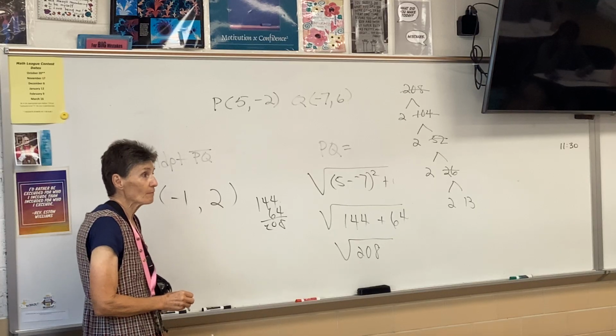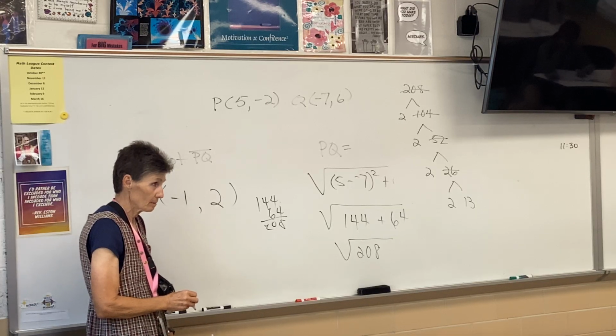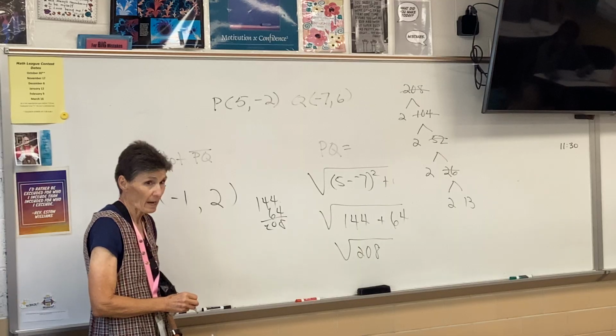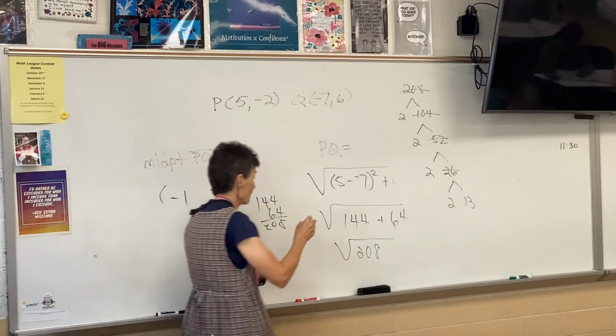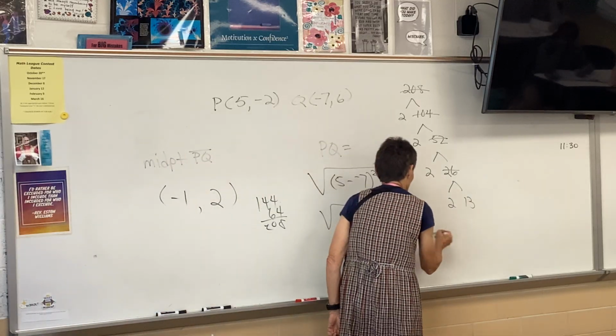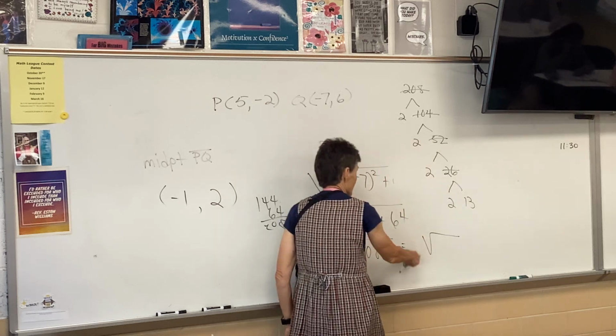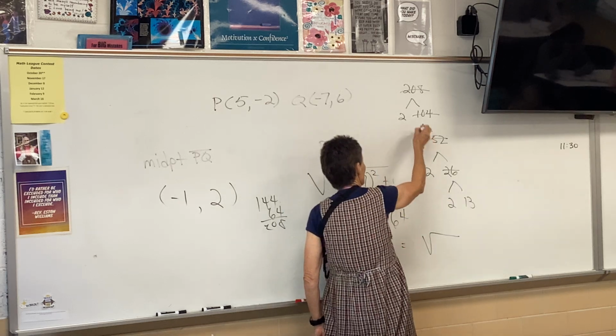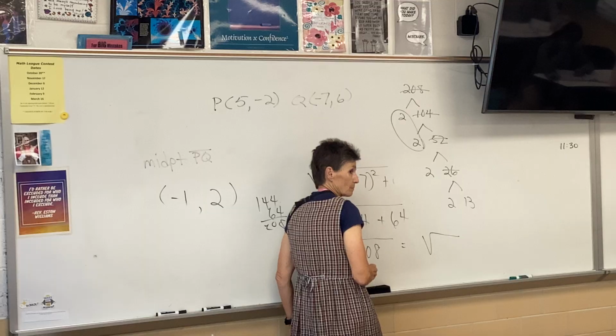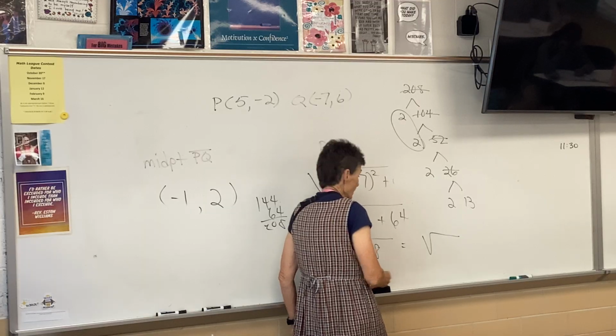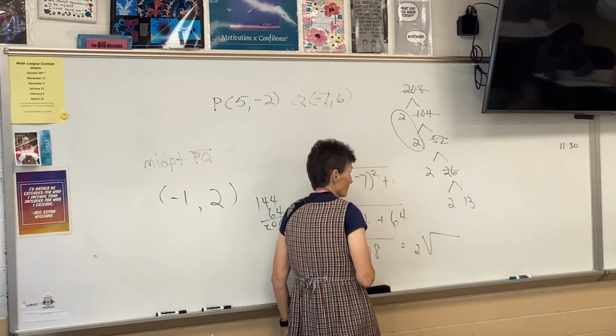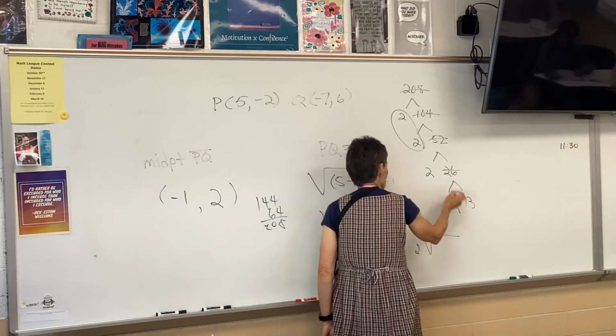Now, if I have 2 of something, I bring it out. Remember, this is a radical. But if I have 2 of something, it's going to come out. So don't I have 2 2's right there? So that means a 2 is going to come out. But wait, I have 2 more 2's?